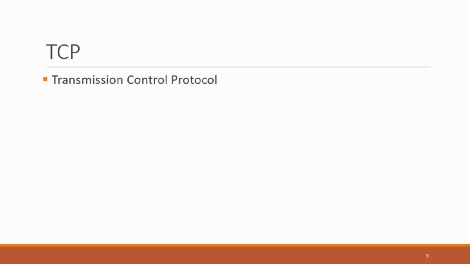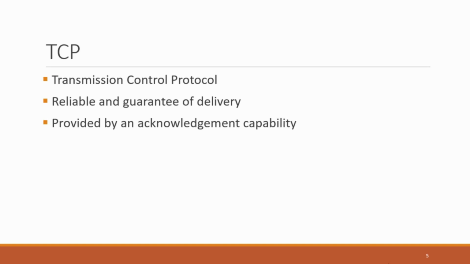And now we have TCP, Transmission Control Protocol. The main protocol for most of our network traffic we will analyze is that of TCP. This is because TCP is primarily used in the majority of the different protocols. It provides us that reliability that we need for network communications that require it. Remember, we have the guarantee of delivery. We get this guarantee of delivery by an acknowledge capability.